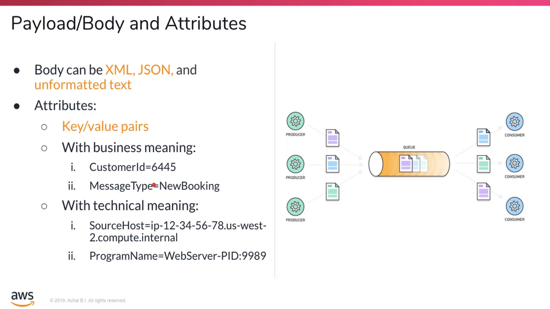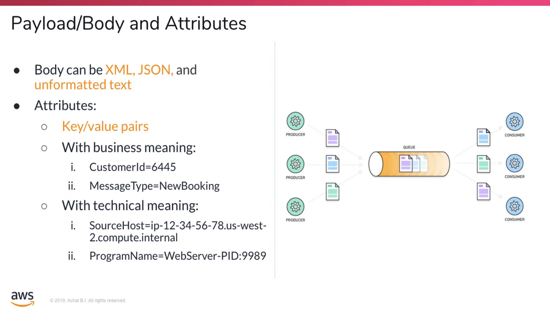Or let's say the consumer wants to process only a certain set of messages. As depicted in this diagram, you can send different sets of messages from different producers, and consumers can be many, and these consumers can actually process those messages based on the message attributes also. So you could use message attributes to filter the message processing.